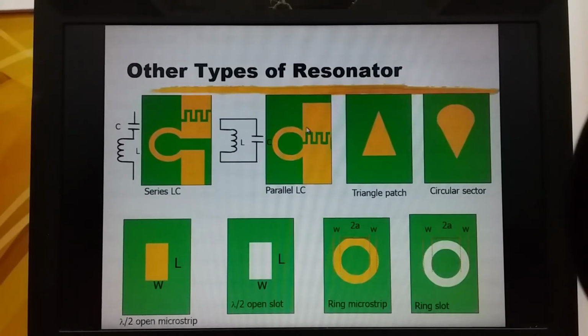To get high Q, we need a transmission line which is short-circuited at the end or open circuit at the end. This is an example. This is a transmission line with a length L and width W, open circuited at both ends. So it behaves as a resonator.